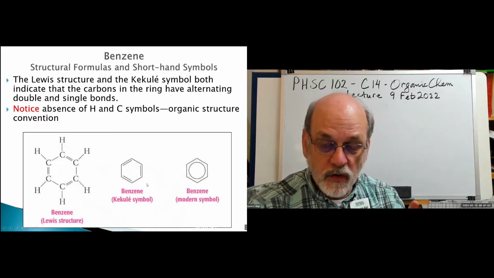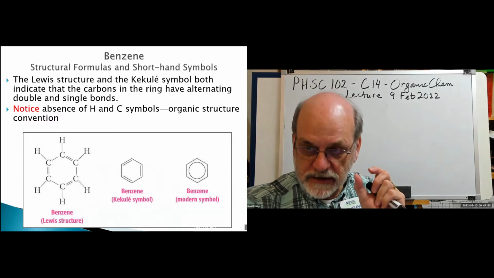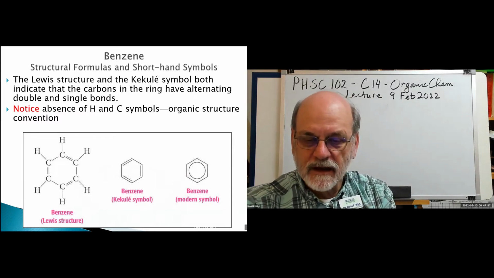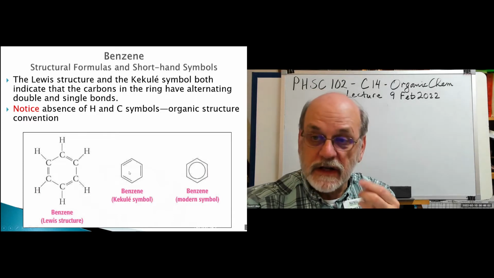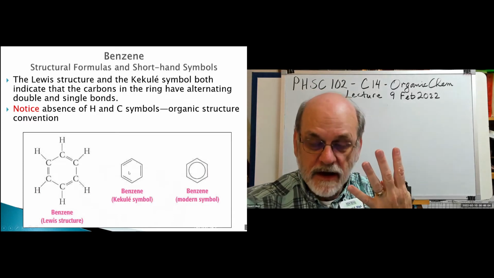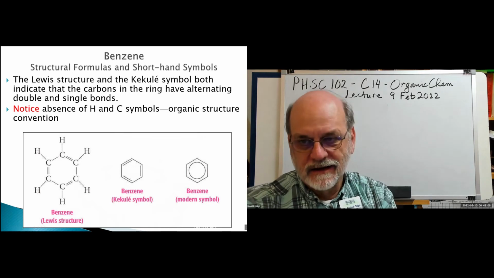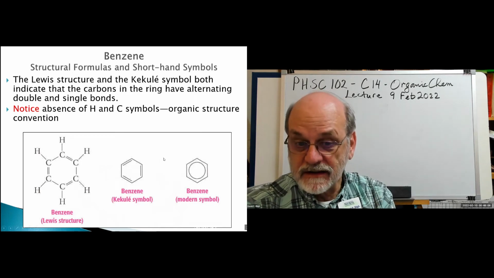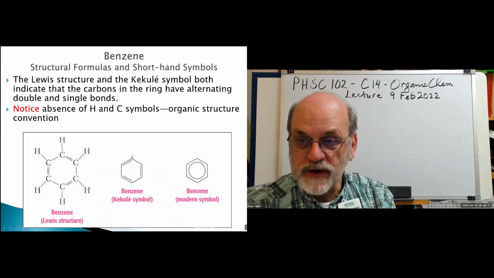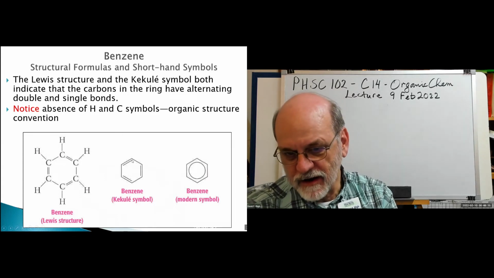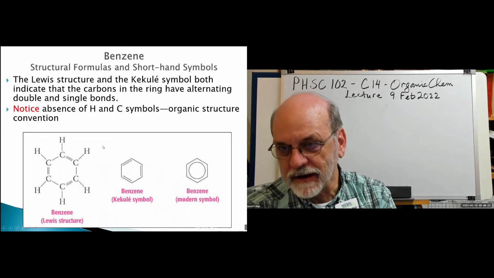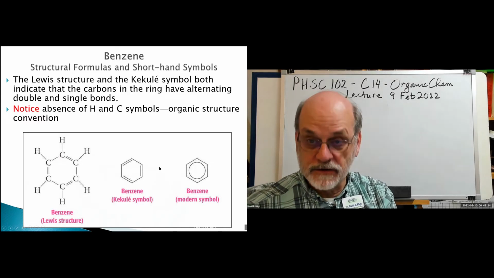But if there's no explicit symbol, it's always a carbon. And then wherever there are carbons, you need 4 bonds. So if there's nothing given that's bonded to make that 4th bond, we always assume it's a hydrogen, right? So this carbon right here will have 2 carbons bonded to it and a hydrogen right there. That's just the shorthand.